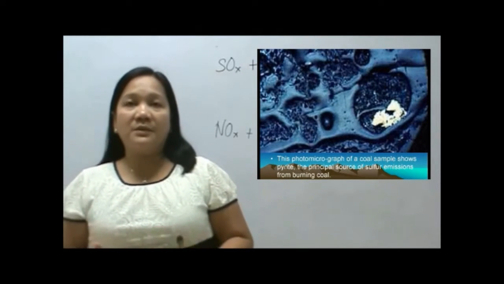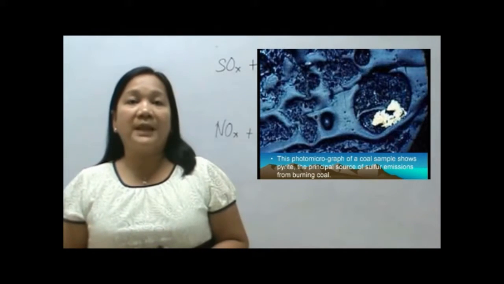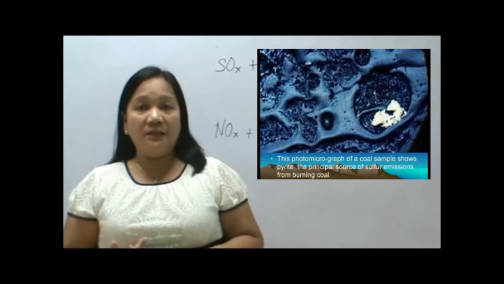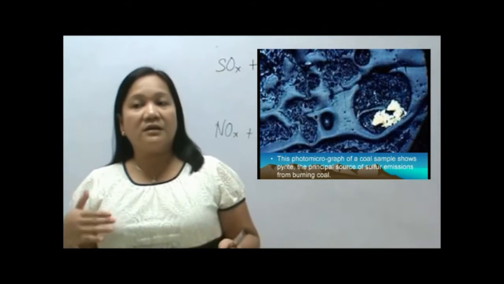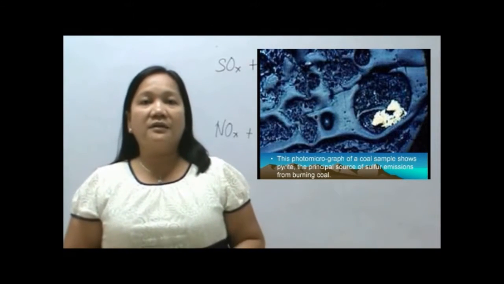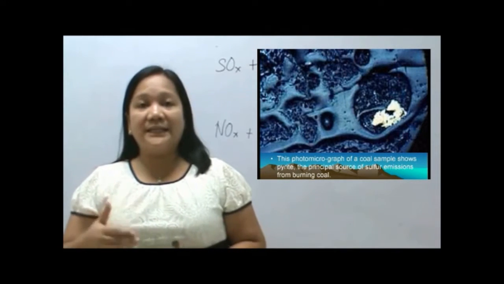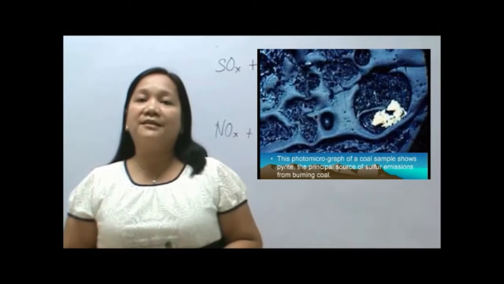So as chemical engineers, you have to make sure that the blending would address, number one, the proper heating value. So you must have the right ratio of low-grade and high-grade coal so that you could attain the optimum heating value.